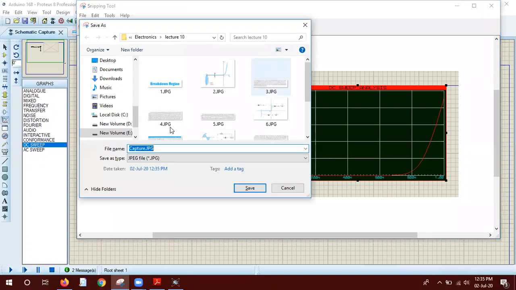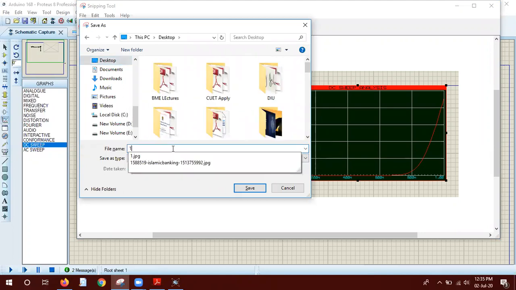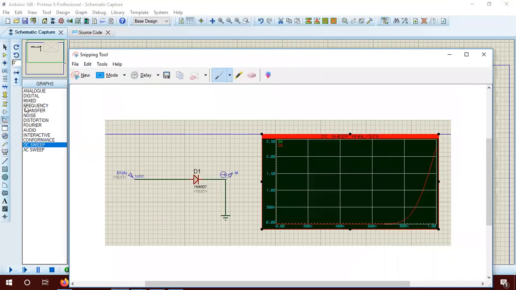My students, we need to do as much as possible, because right now we don't have the facility of a lab, so that's why we are trying our best to at least see in the simulations. So this is forward bias, my students.